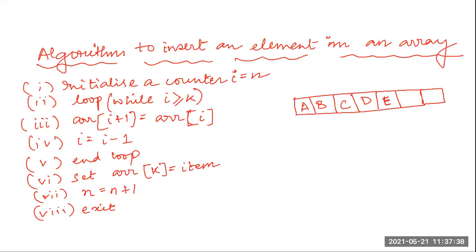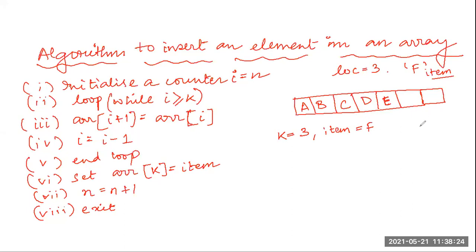Suppose this is my array, and in location 3, I want to enter one element, and suppose that element is F. So my item is F, and my location is 3, that is my value of K is 3. I want to insert this F in location 3.